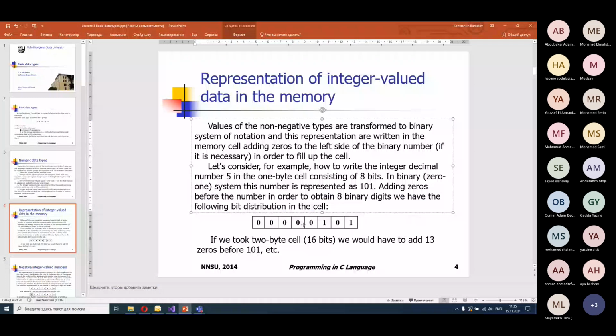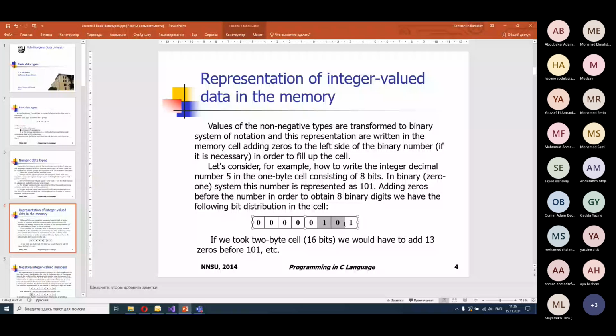It's just a general idea of representation of numbers in computer memory, but this idea explains everything. We take a decimal number, we convert it into the binary system, we write the representation of this number, and we write it in a computer memory cell. If the number is short, we add leading zeros to its notation.